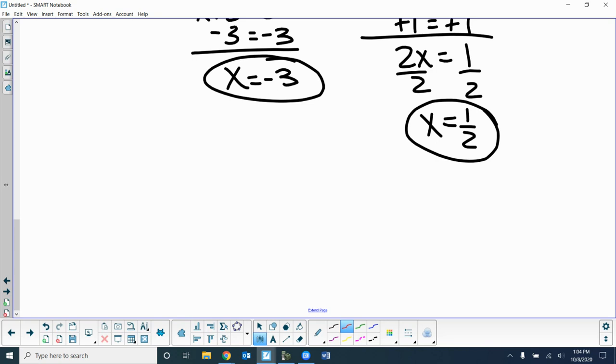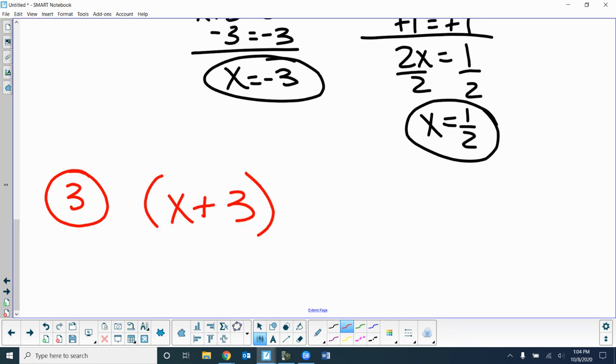3 and 4, the square root procedure. We usually use this one when we don't have an x term, a b value. When we do this method, we want to get the squared part isolated, alone on the left, everything else on the right.